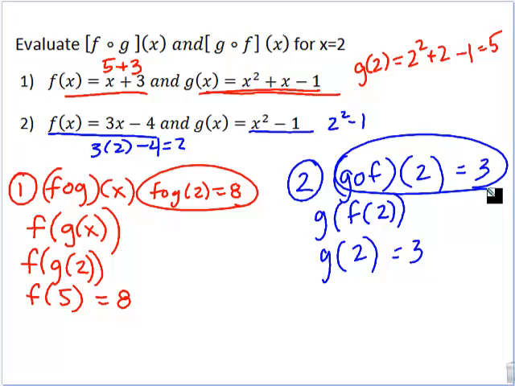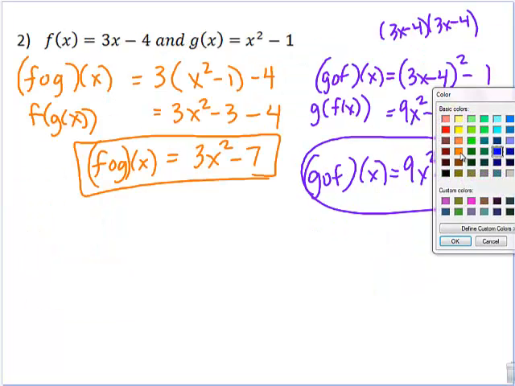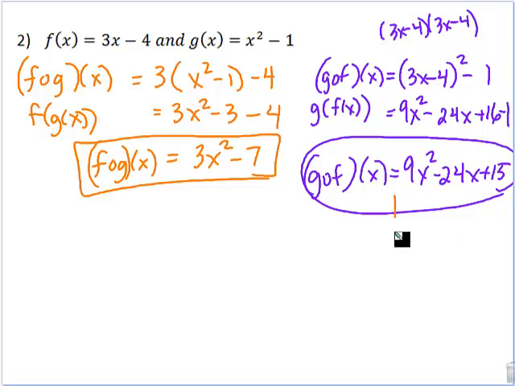And these are the same exact functions that we found earlier. So our g of f of 2 here, if I go back a screen, here's our g of f.